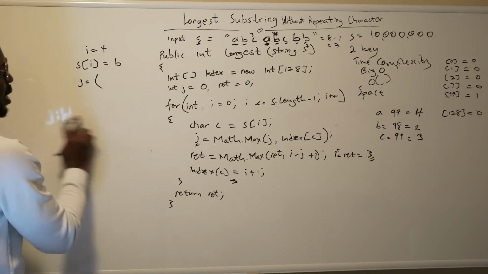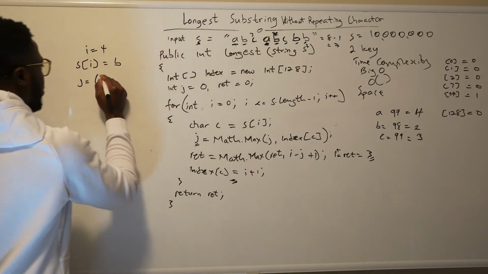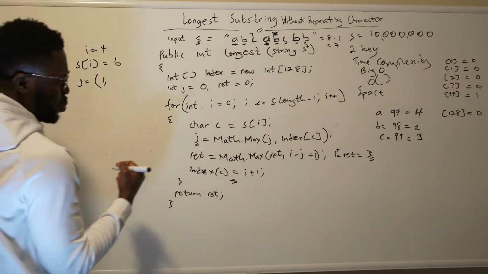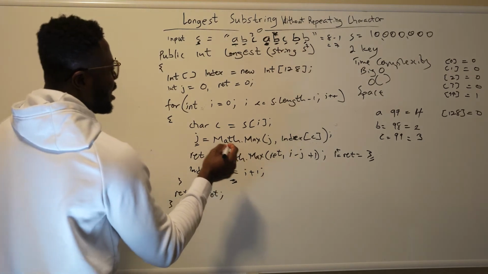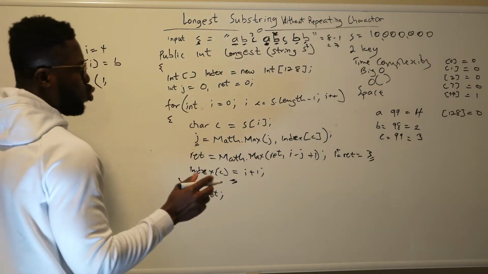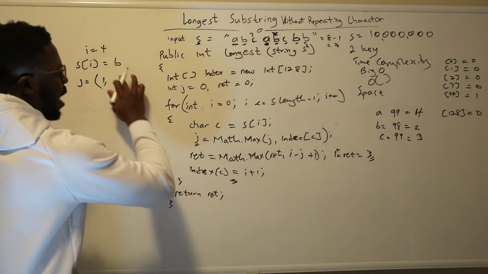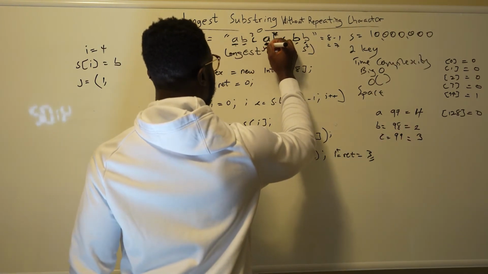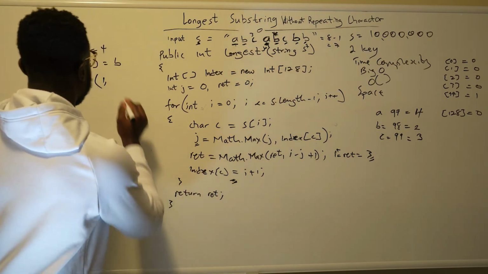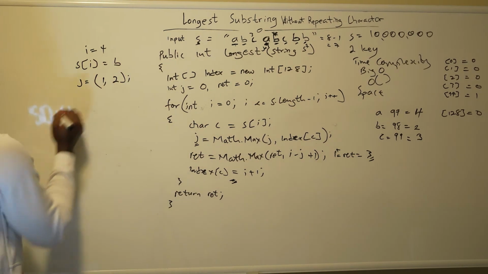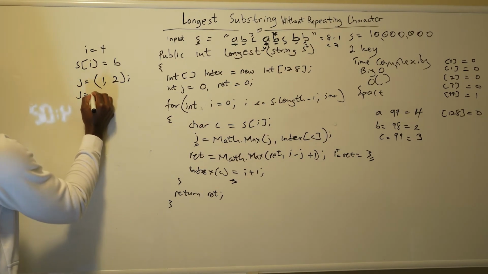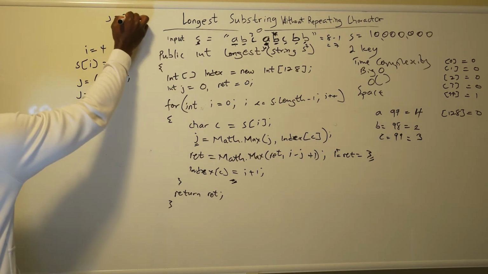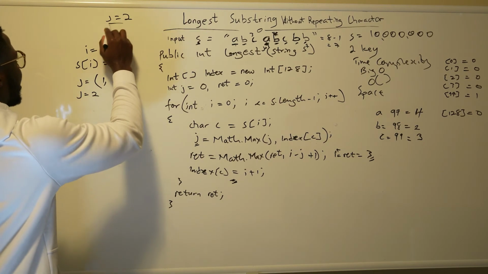So J was 1. I have to keep track of it, which was 1. And index at B is 2, because we have it there. So after this iteration, J was 1. Okay. So it's going to be 2 here. So J equals 2. So let's keep track of J now, because J is being set now.